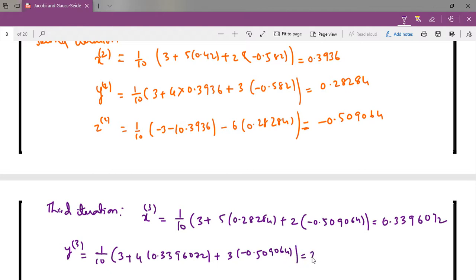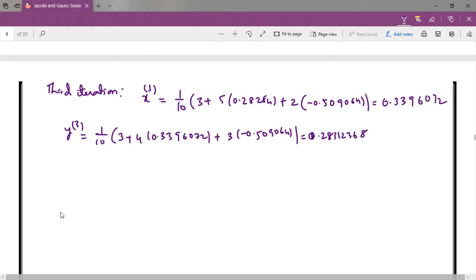Okay, so this is going to be 0.28312368, right?